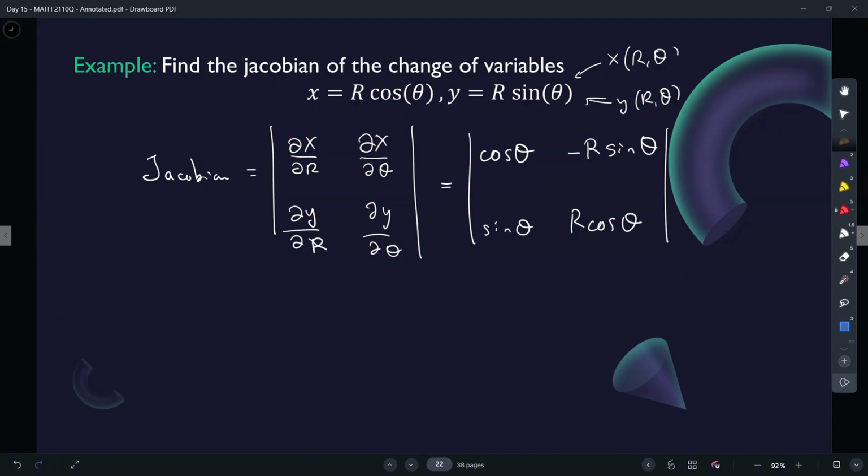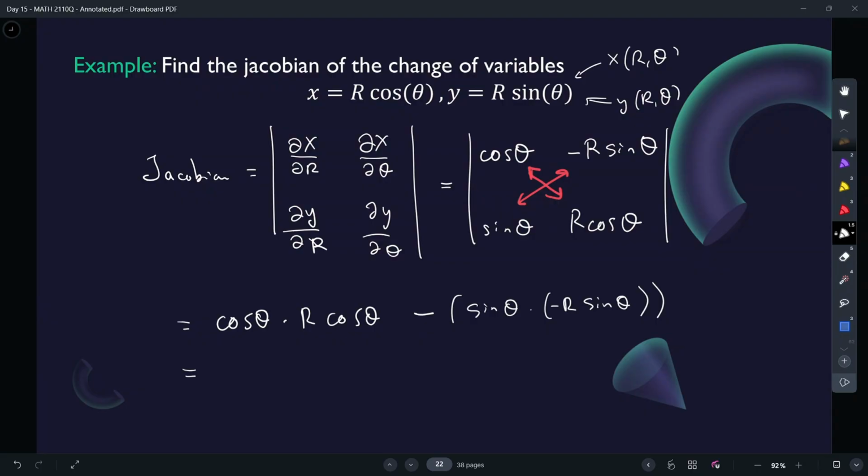And remember how to do a 2 by 2 determinant. I multiply the diagonals: cosine theta times r cosine theta, minus the product of the anti-diagonal, so sine theta times minus r sine theta.